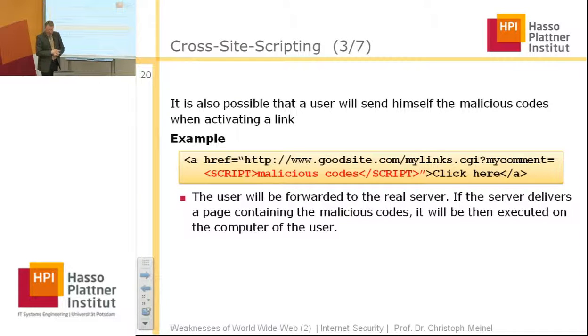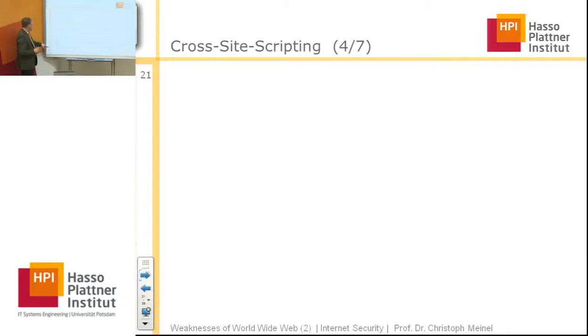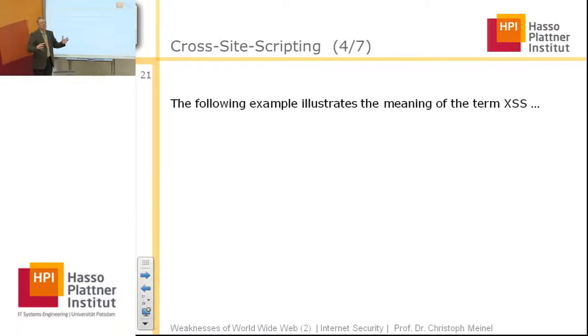If the server delivers the page containing the malicious code, it will then be executed on the computer of the user. Usually, the attacker encodes the submitted string, here the dangerous malicious code, in a hex format so that it looks less suspicious, to hide this so that the user does not really see what's going on.